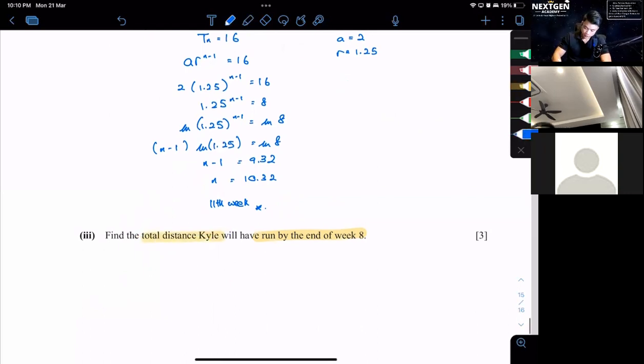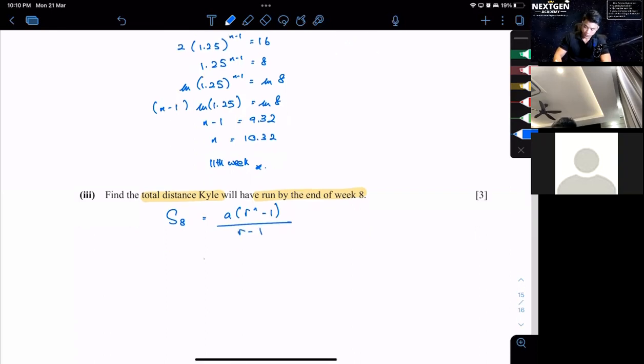So let's see the sum, for 8 weeks. So the formula is a times (r to the power n minus 1) over r minus 1. Which will give you, we just put in your a, and r to the power 8 minus 1 over 1.25 minus 1.